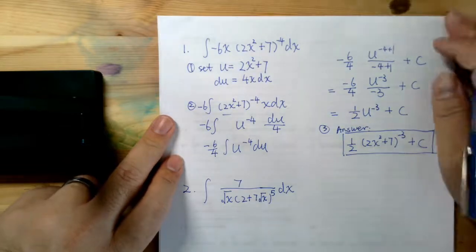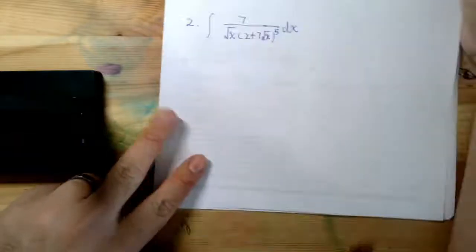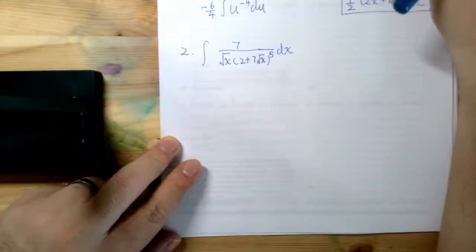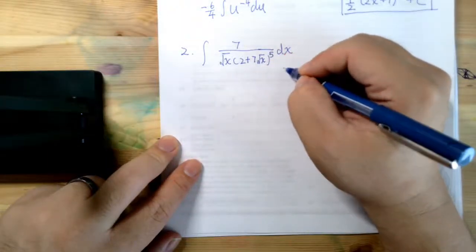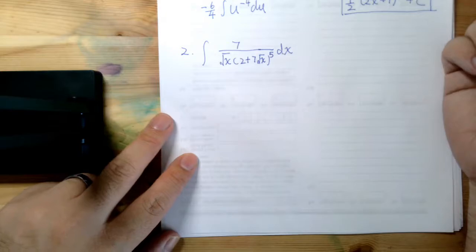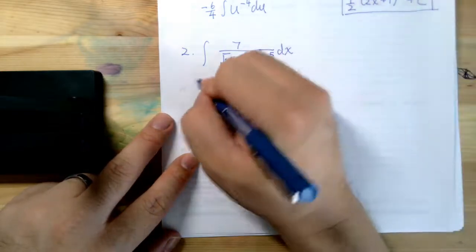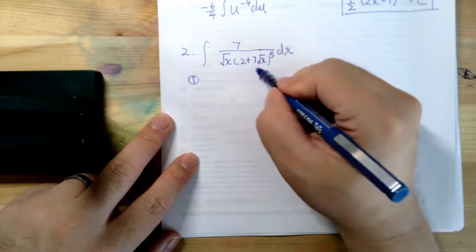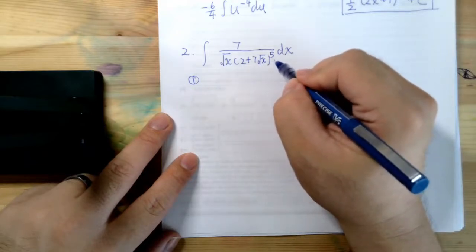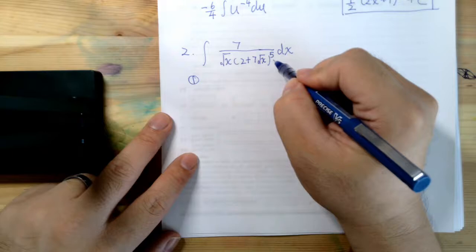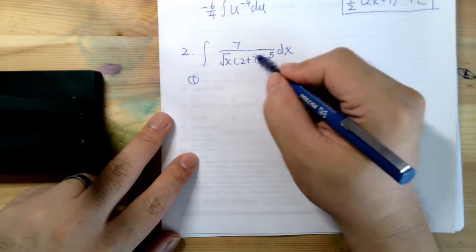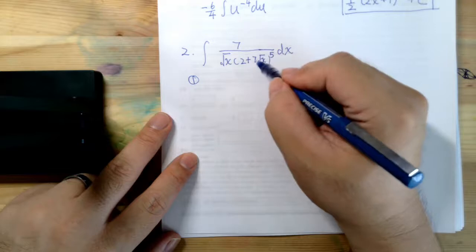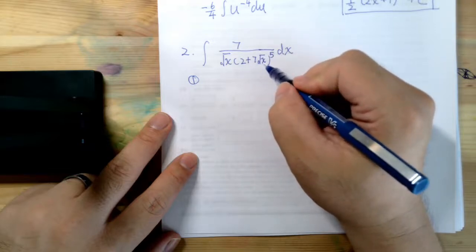Alright, so now let's look at the second one. The integral of 7 over square root of x, times (2 plus 7 square root of x) to the power of 5, dx. And we can use the same thing easily to find that (2 plus 7 square root of x) to the 5th power is a composite function, and we also can find the inside function of that composite function, which is 2 plus 7 square root of x.